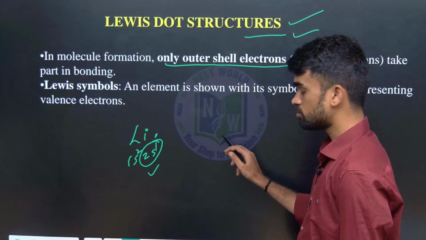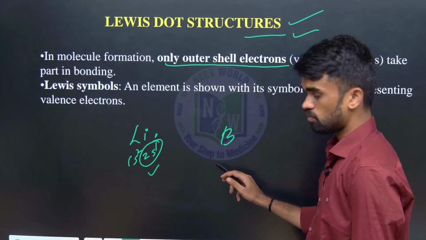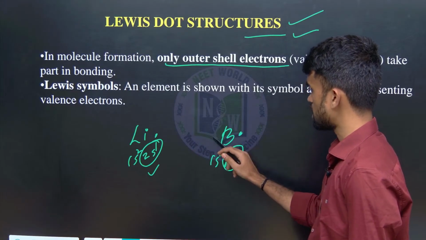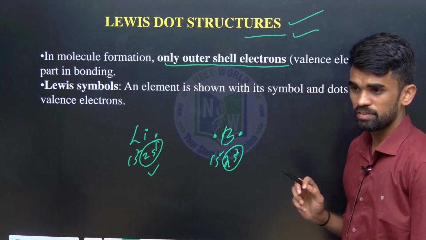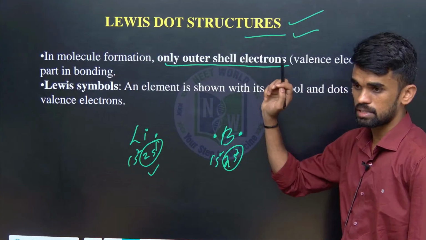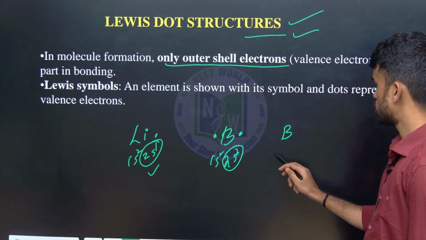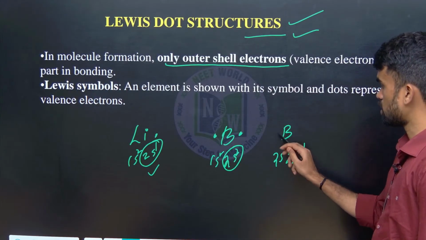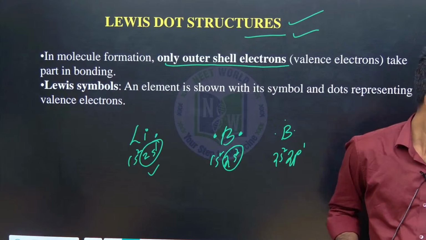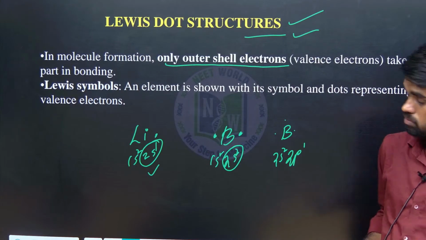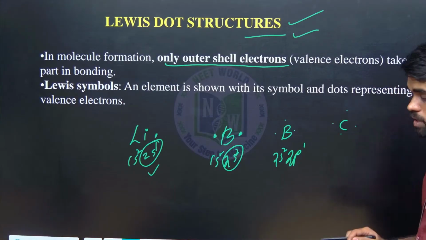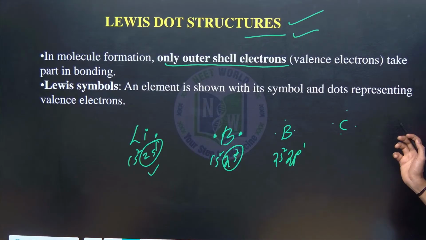For beryllium, 2s2, so these 2 electrons, each electron is represented with 1 dot, that is the Lewis dot structure. Next, boron, 2s2 2p1, so 3 electrons, 3 dots. Next, carbon, 2s2 2p2, 4 dots. Nitrogen, 5 electrons, so 5 dots, like that.